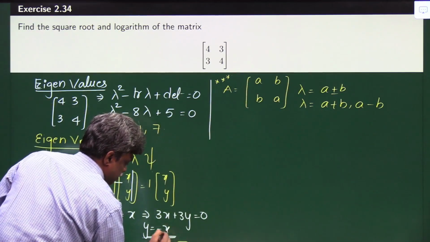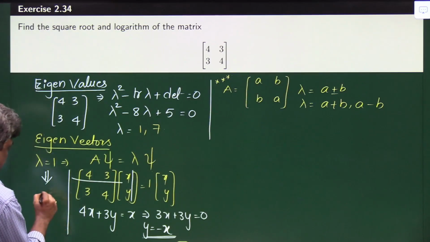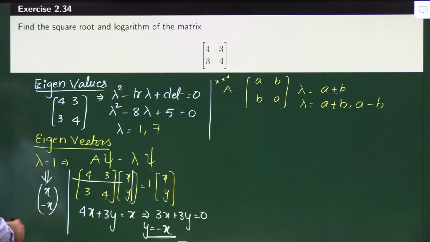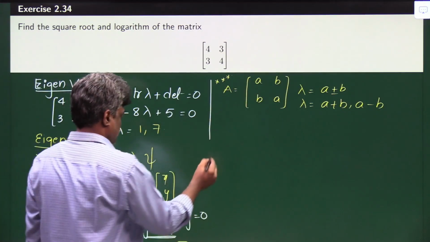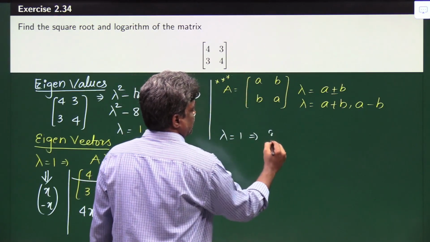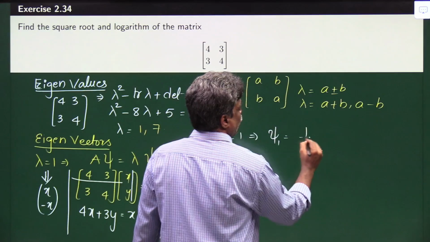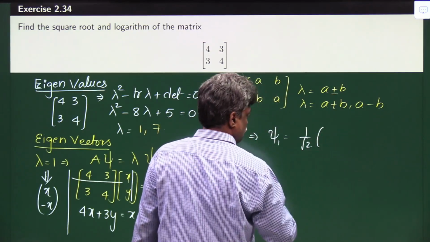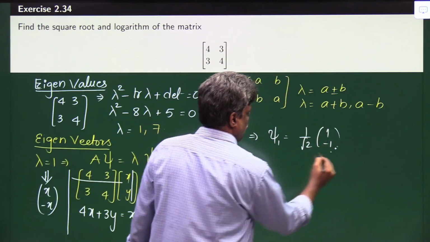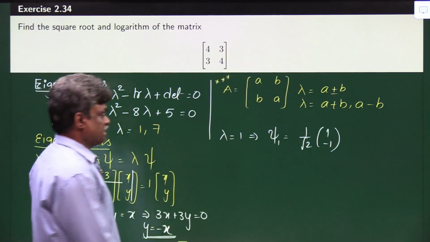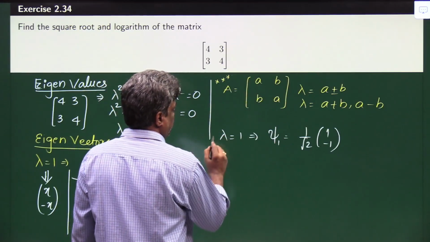And if you take the normalization constant, finally for lambda equal to 1 we get the eigenstate psi 1 equal to 1 over root 2 times 1, minus 1, because y is minus x, put 1 here. Second one you please try.